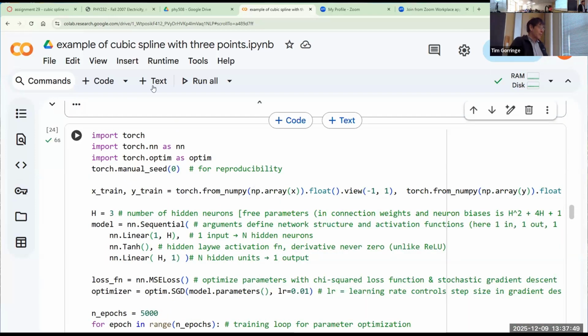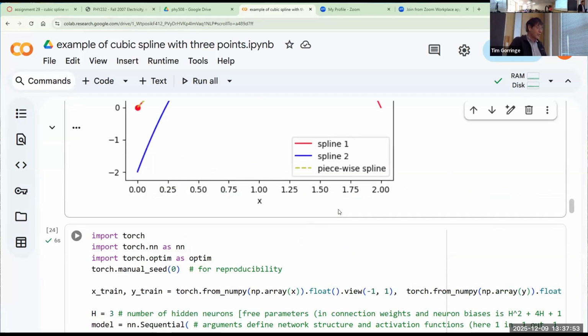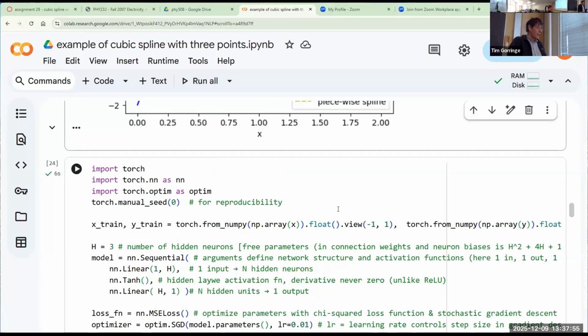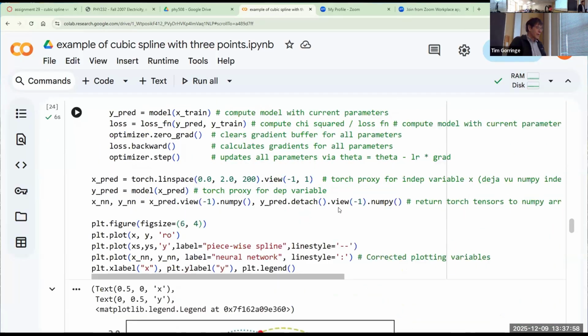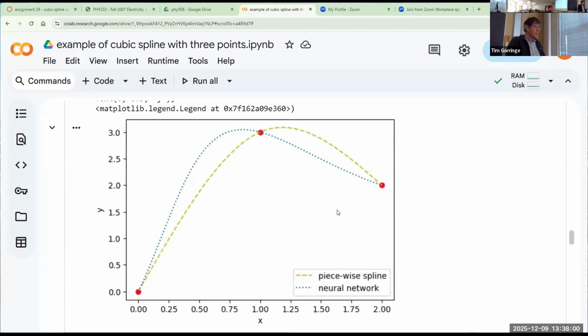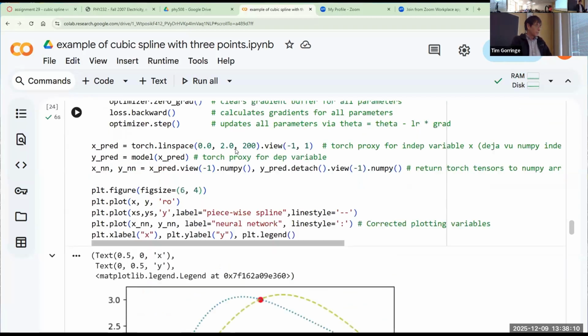So this is still my cubic spline example code, but I added an additional example where I'm going to interpolate between the three data points with a neural network. That's the blue line here. The dashed yellow line is that piecewise spline.